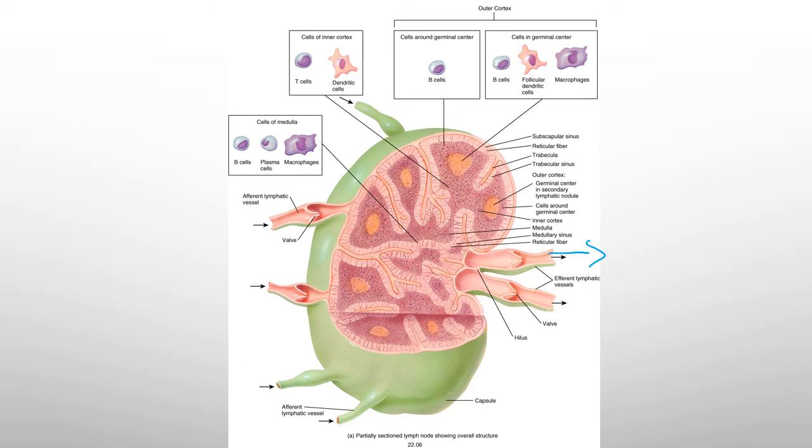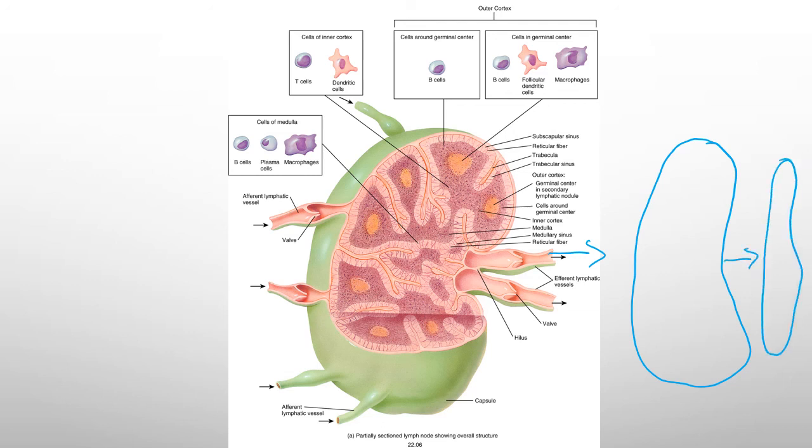We don't want things moving on. But the good thing is that right next to it, essentially, we're going to have another lymph node. And then after that one, we're going to have another lymph node. And so on and so on.